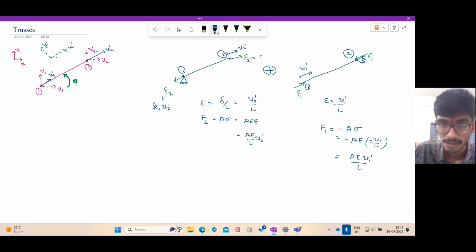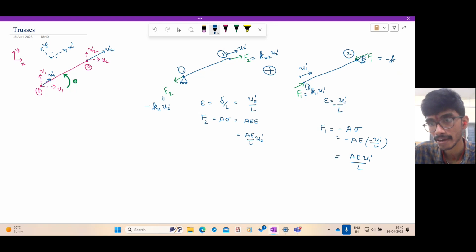And F2 is K22 U2 prime. And this is in the opposite direction, our coordinate system is like this, so this is minus. And here, F1 is equal to K11 U1 prime. And this is in the other direction, so it is minus K21. So you have a force at 2 due to a displacement at 1, K21 U1 prime.